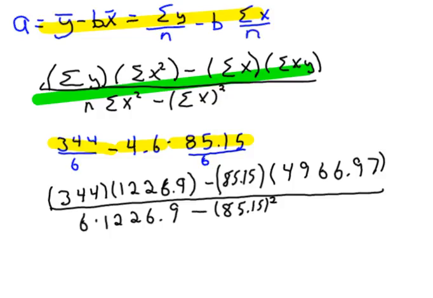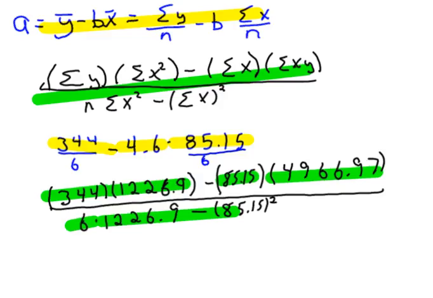If you're using the black formula there, you're getting your 344 times your 1226.9 minus your 85.15 times 4966.97, and then that denominator, 6 times the 1226.9 minus the 85.15 squared.